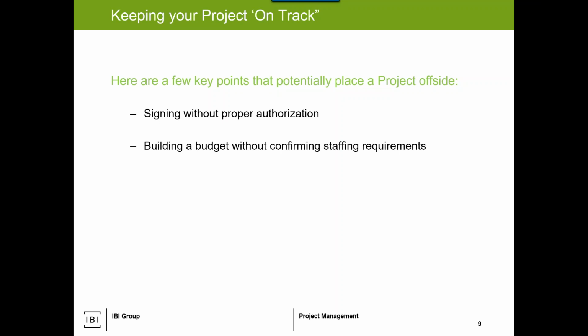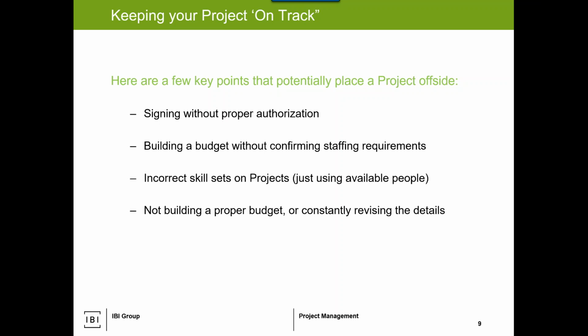Signing without proper authorization, building a budget, making sure the right skill sets are there, and then not updating your budget and revising as you find more. So think about those items to keep a project properly going forward.